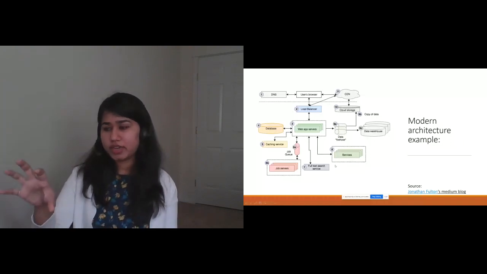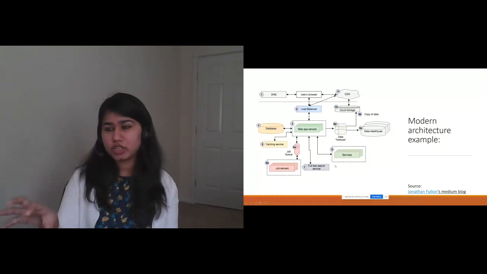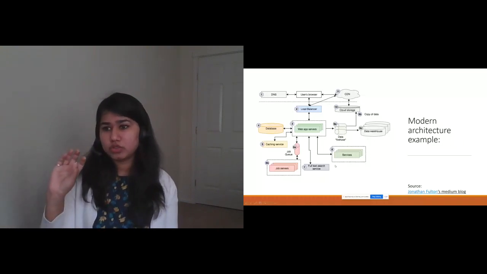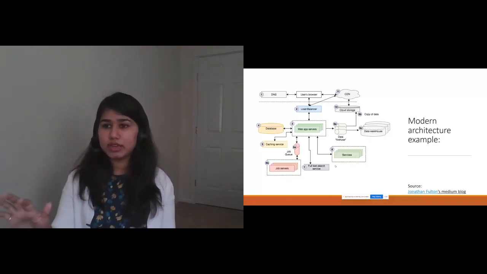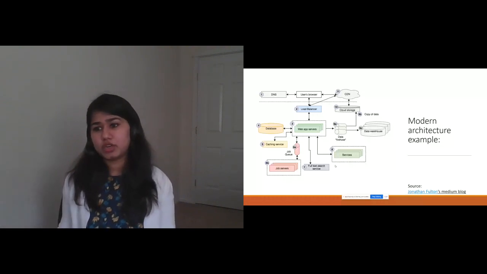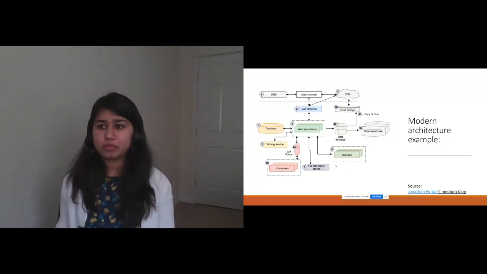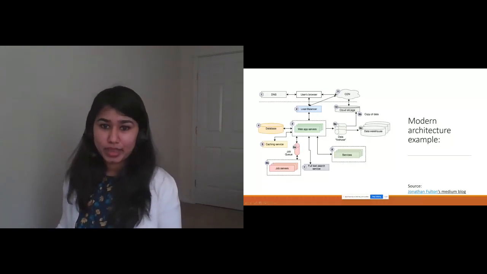This is essentially an example of a very complex architecture. We don't need to go into so much depth of architectures right now, but this gives you an idea of how the complexity of modern architecture aligns together. And like I said, there is CDN, and cloud storage. I love cloud storage. So I hope this gives you an idea of the modern architecture example.